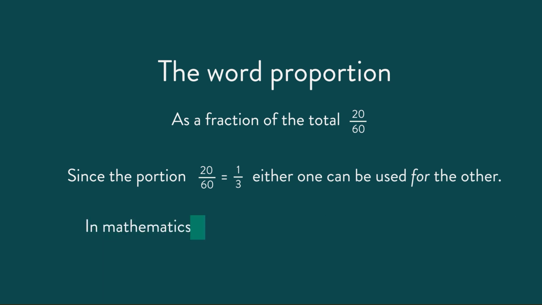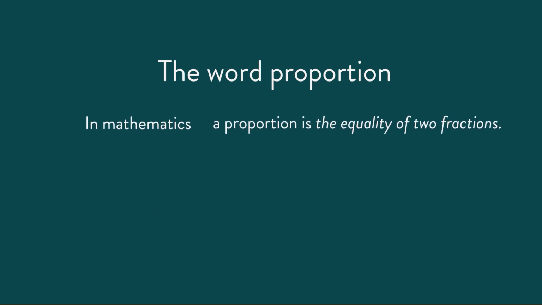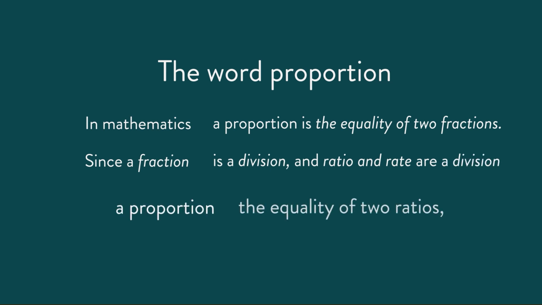In mathematics, a proportion is the equality of two fractions. Since a fraction is a division, and a ratio and a rate are a division, a proportion is also the equality of two ratios and the equality of two rates.